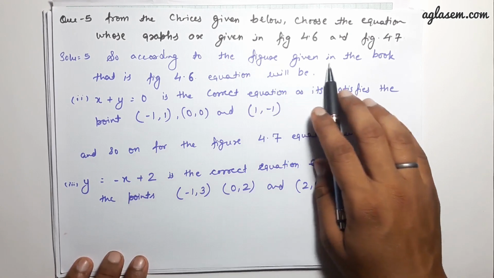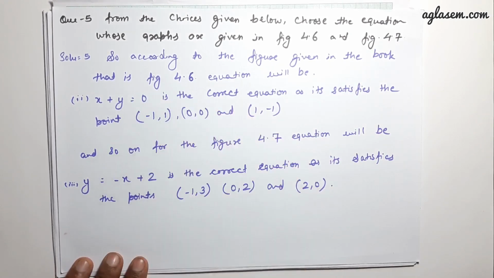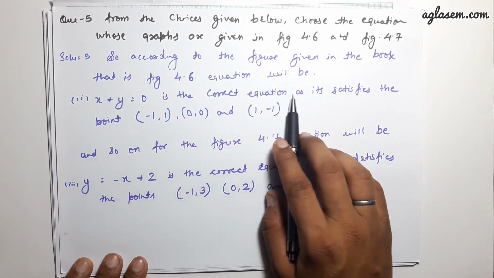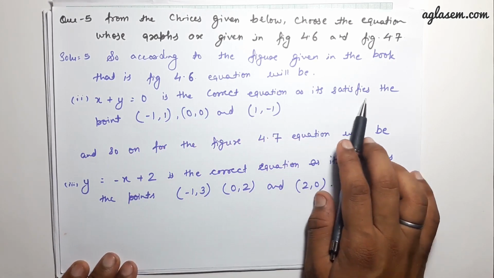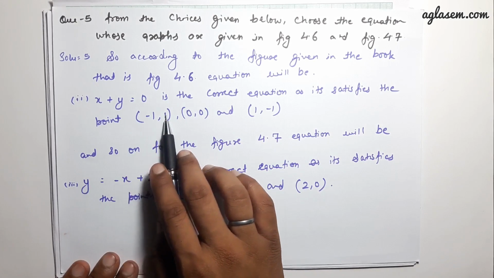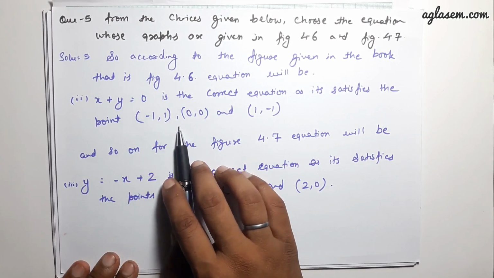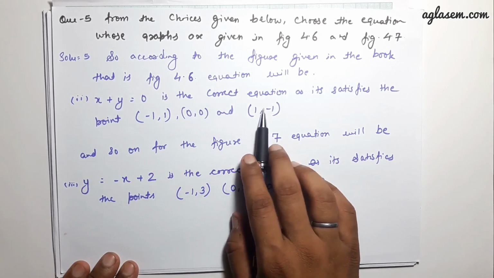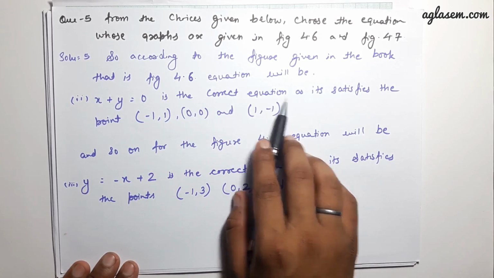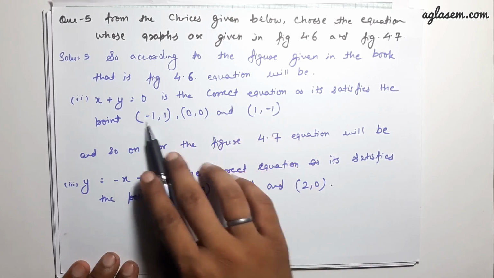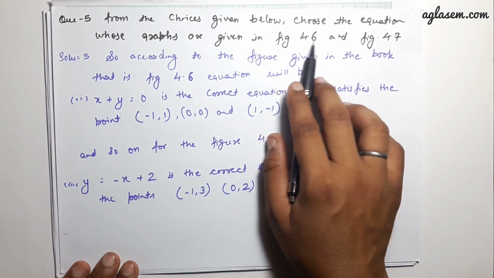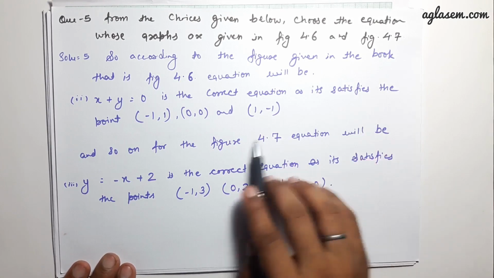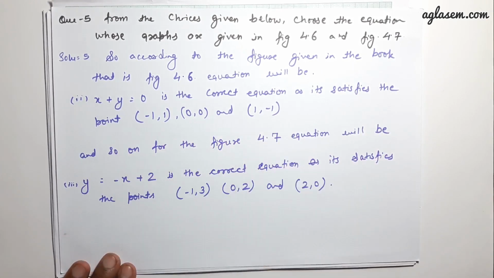According to the figure given in the book, that is figure 4.6, the equation x plus y equals 0 is the correct equation as it satisfies the points (-1, 1), (0, 0) and (1, -1). You can check these points on the graph in figure 4.6. So this is the correct equation as it satisfies these points in the graph.